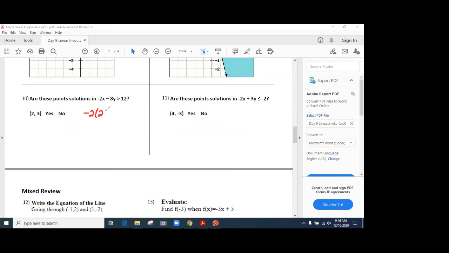So we're going to use 2 as our x, minus 8. What's the y? 3. So this is our x. If you're not sure where we're getting these numbers, the x is 2 and the y is 3. So the y right here, we're putting 3 in, and then is greater than 12. Now, once again, I really got to write it down because this is too much for my mind. If you can just type it in, that's awesome.